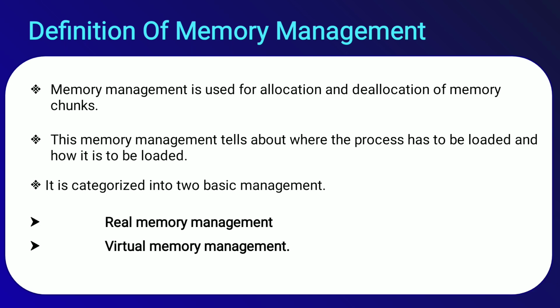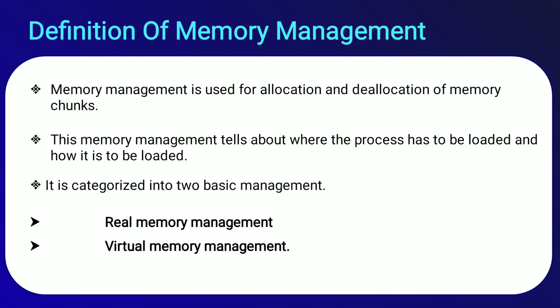It is categorized into two types. One is real memory management, another one is virtual memory management. Real memory management needs the whole process to be inside the main memory when it is executed. In virtual memory management, it is enough to store a part of the process inside the main memory.